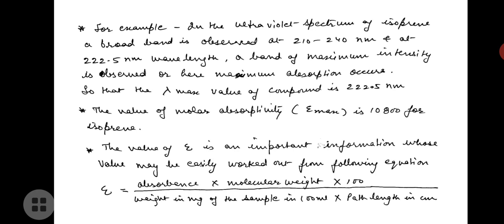For example, in the ultraviolet spectrum of isoprene, a broad band is observed at 210 to 240 nm and at 222.5 nm wavelength a band of maximum intensity is observed, or here maximum absorption occurs. So the lambda max value of the compound is 222.5 nm.